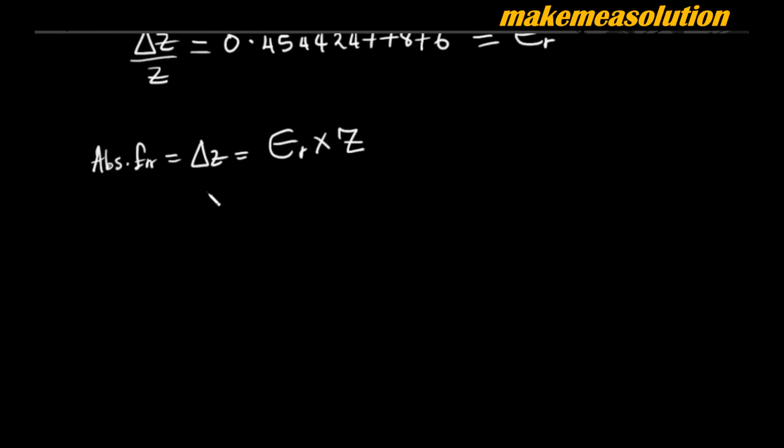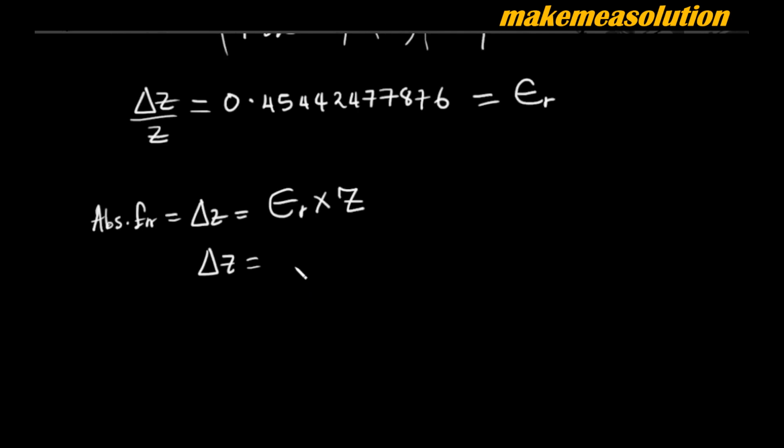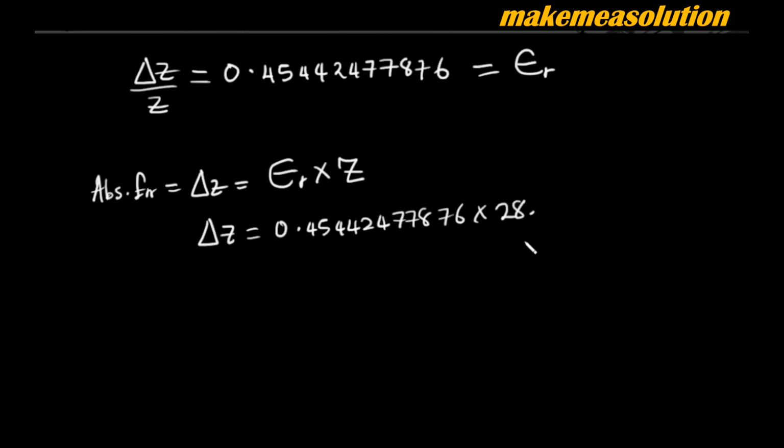So you have your absolute error to be this whole value, 0.4544 2477876, times 28.7651.